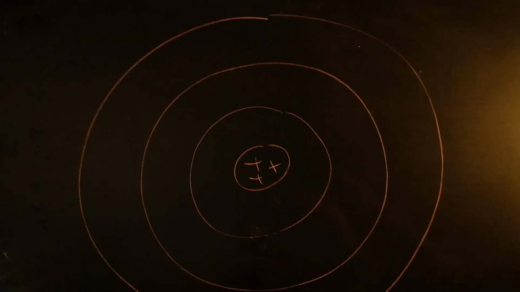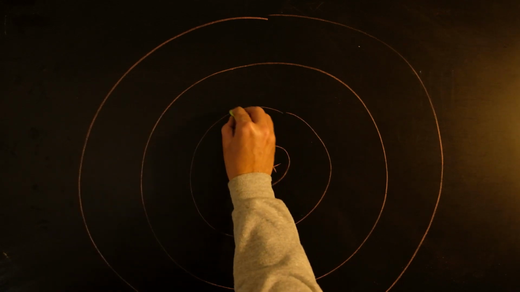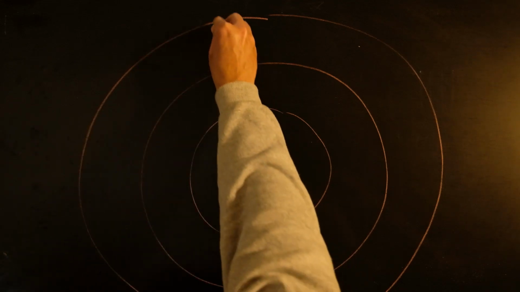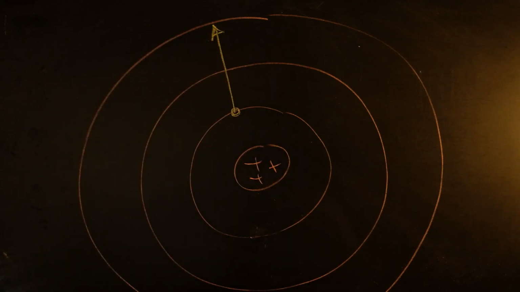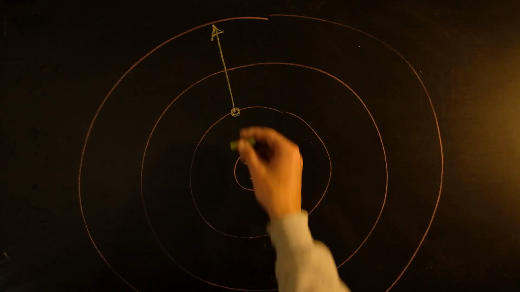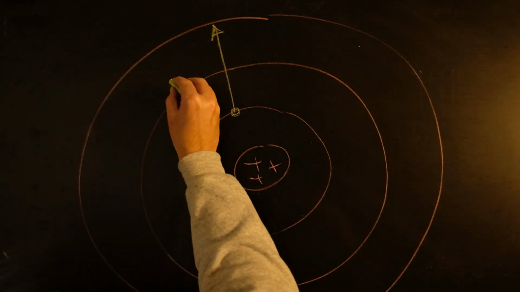Okay, so what's the difference between emission and absorption? The main difference is, in one case, electrons jump from lower energy to higher energy. So they need to absorb some kind of energy to get to an excited state.